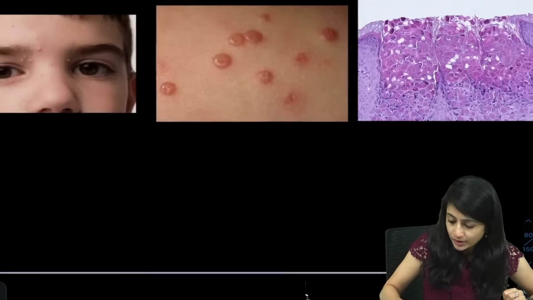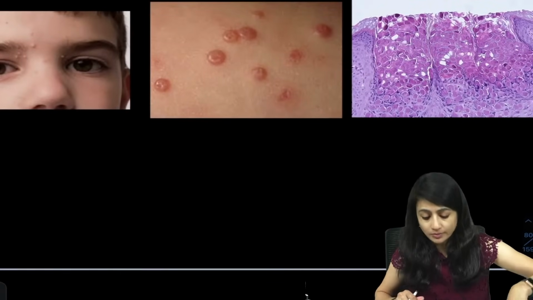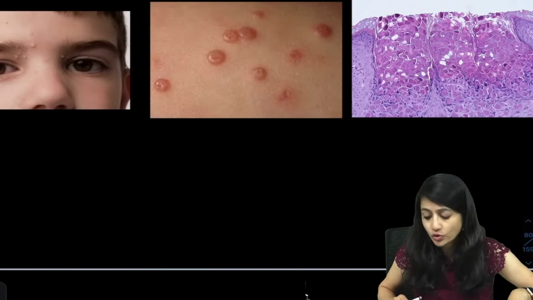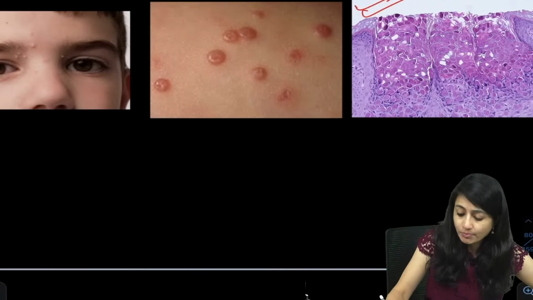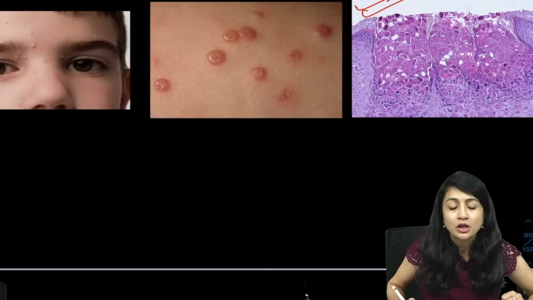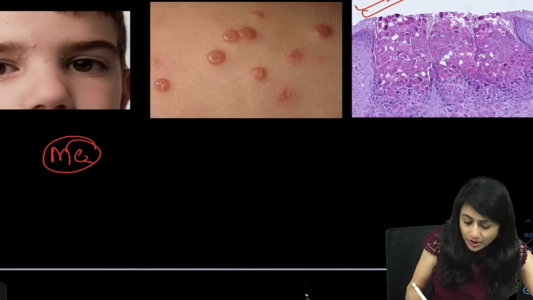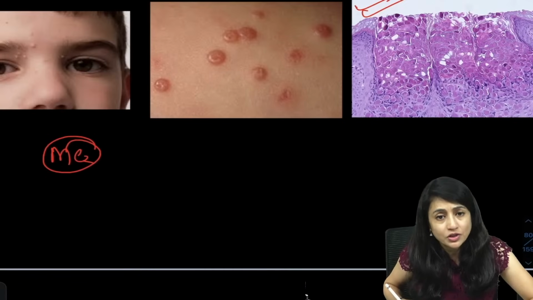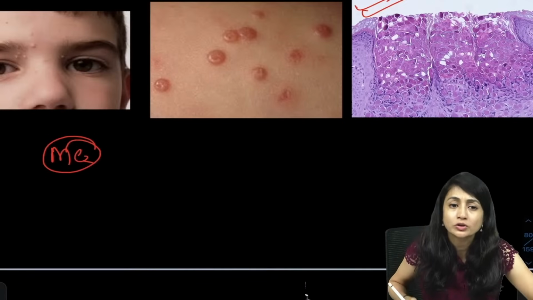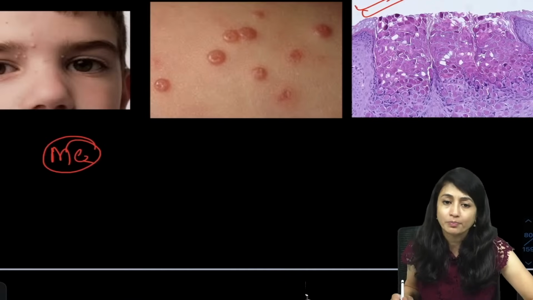Okay, since we are talking about warts, we already discussed that pseudococcus is seen with warts and molluscum, which I'm sure you would be able to diagnose. My question to you here is, what are the bodies that you see here? Yes, this is molluscum contagiosum. This is the largest DNA virus available, called molluscum pox virus, from the family of pox virus.